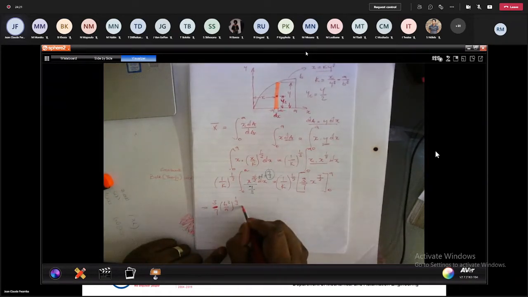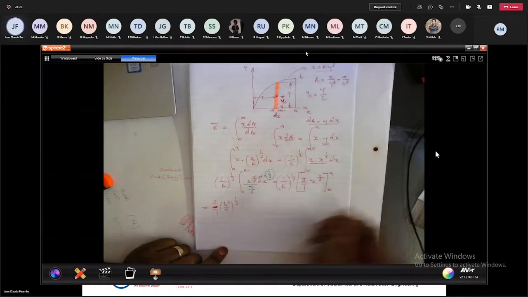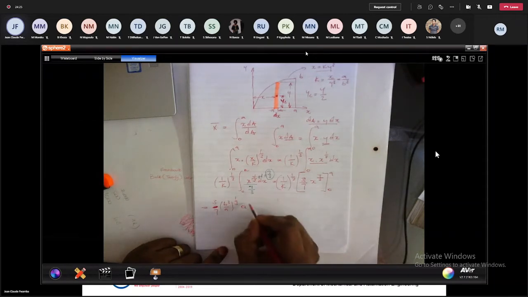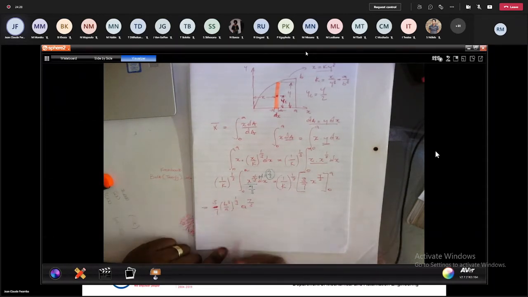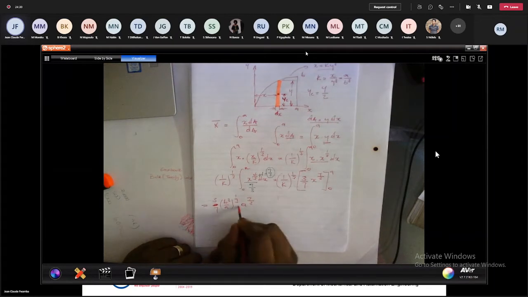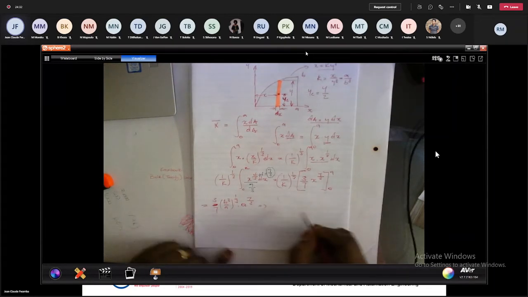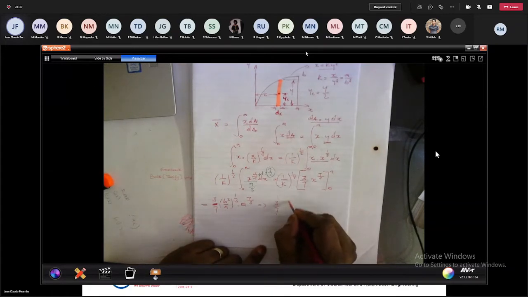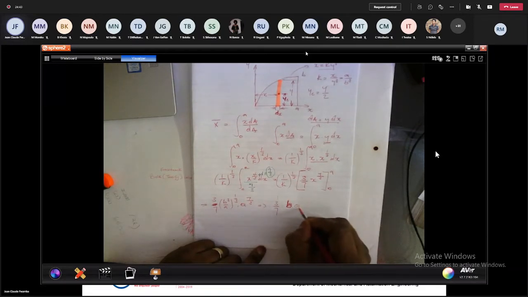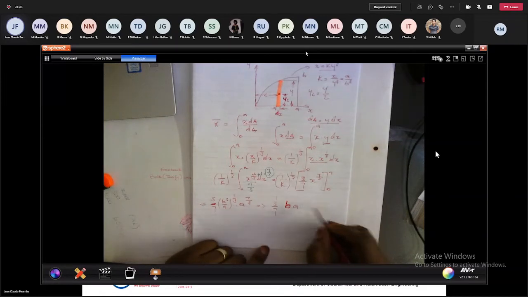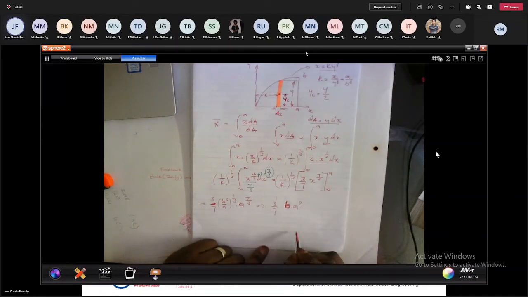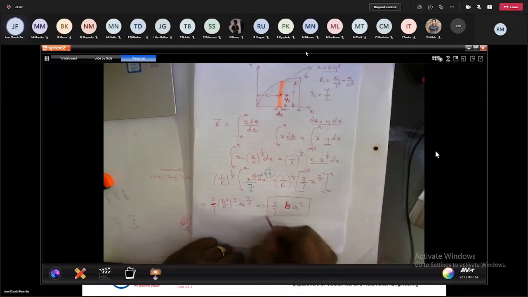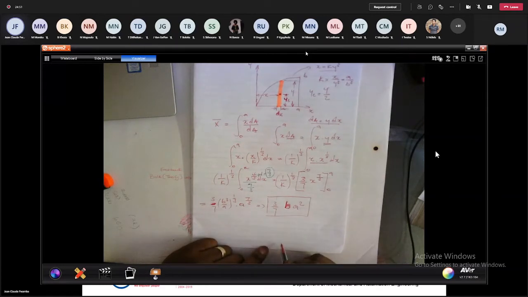It will be a exponent 7 over 3 times this. So this will lead to 3 over 7 b, a squared.